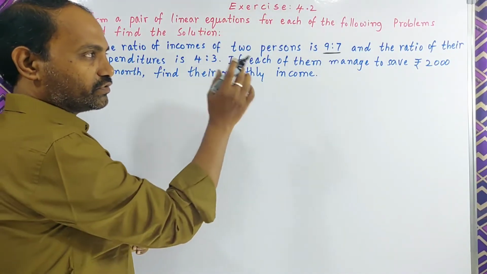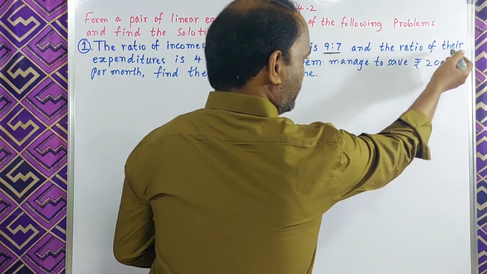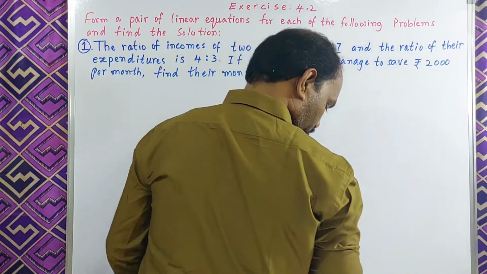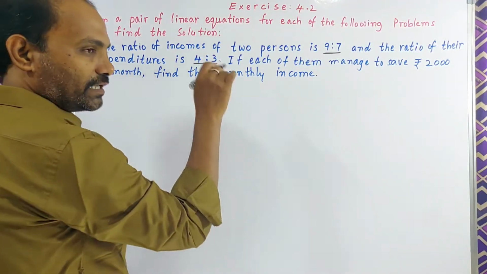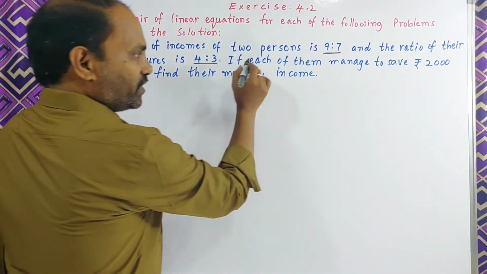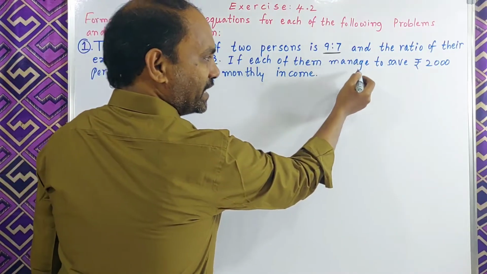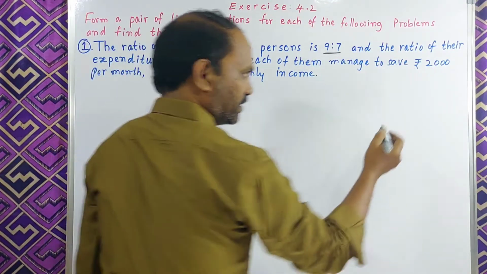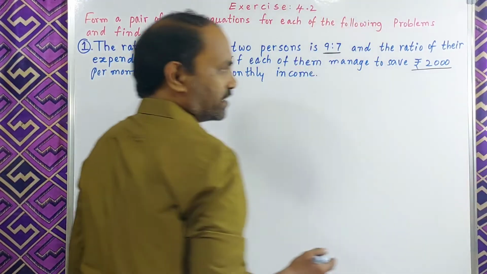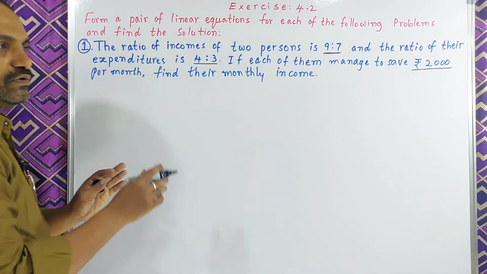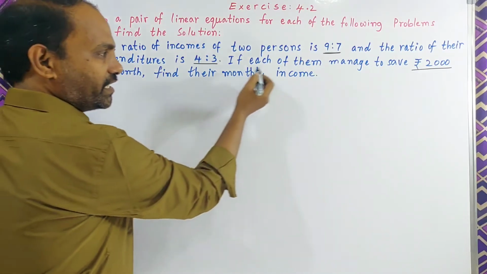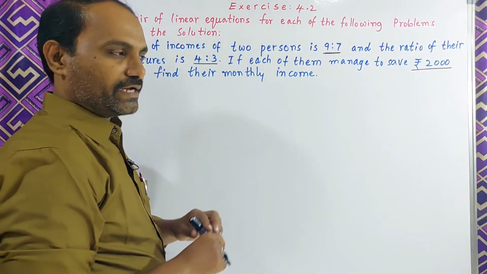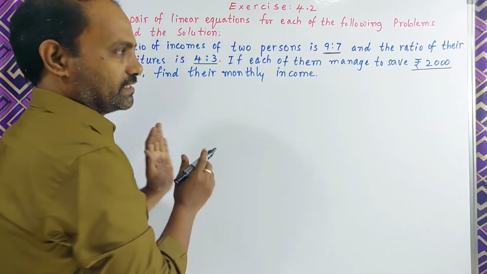The ratio of their expenditures is also given. If each of them manages to save 2000 rupees per month, find their monthly income. We are going to find the income of those two persons.